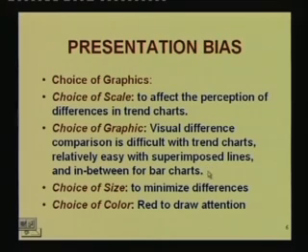So whether to go for bar charts, superimposed lines or trend charts: if we need to highlight the difference, it is better to go for superimposed lines or bar charts. But if we go for trend charts, probably the visual difference will be difficult. Choice of size, to minimize the differences. Choice of color, something like red to draw attention.